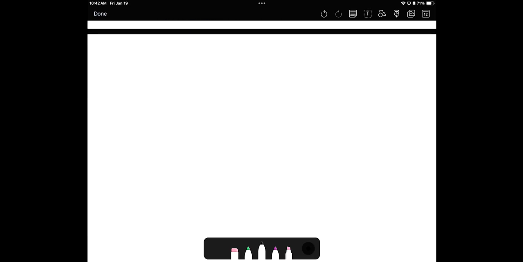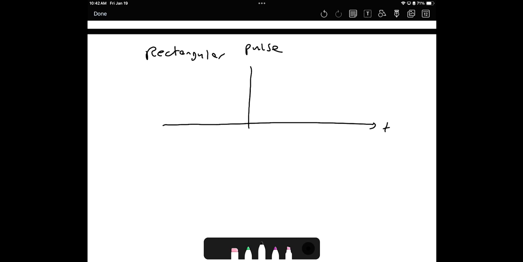Let's go to another function. It's called the rectangular pulse. So basically, the standard format of the rectangular pulse is like this. So here 1, it's in the middle so that it's centered at 0. Then here, tau over 2. Here, negative tau over 2.